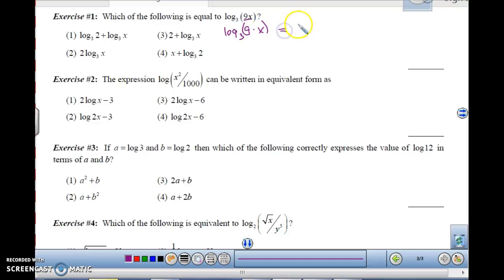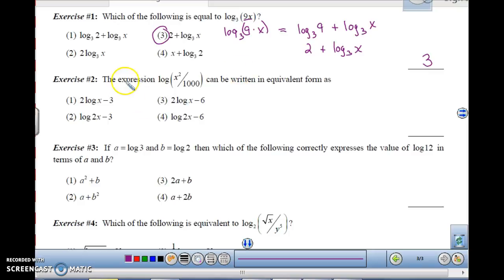So this can be rewritten as log to the base 3 of 9 plus log to the base 3 of x. Okay, now notice that answer isn't there, but what is log to the base 3 of 9? 3 to what power is 9? Well, that would be 2. Plus log to the base 3 of x. All right, so which one is that? It would be number 3.